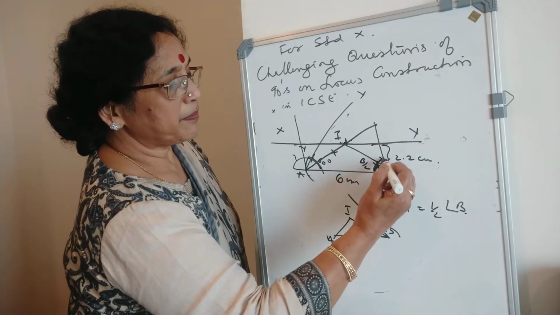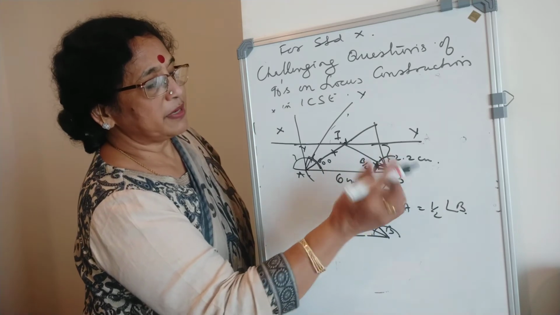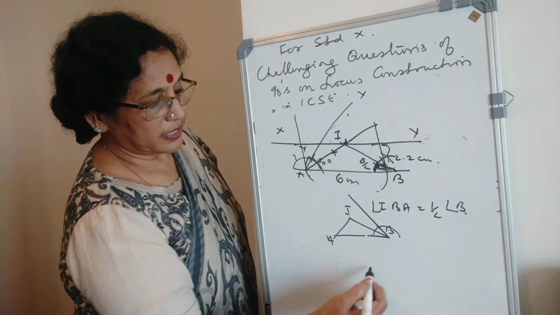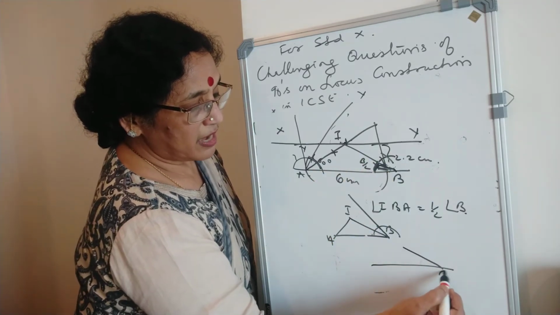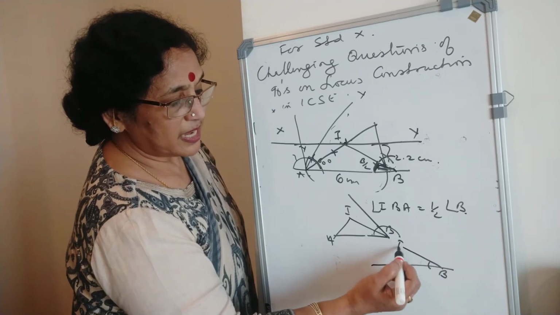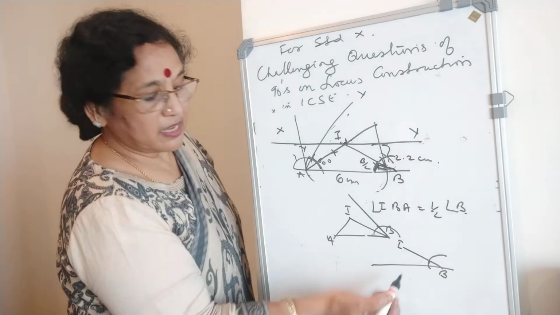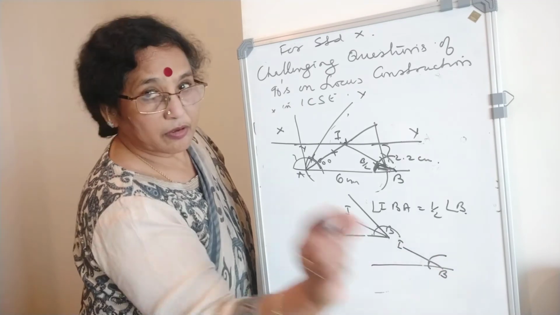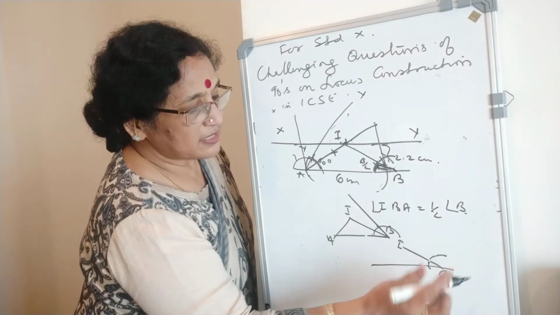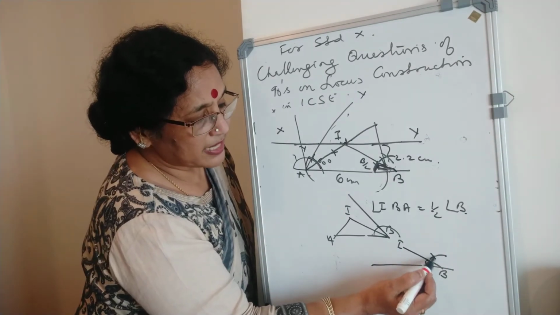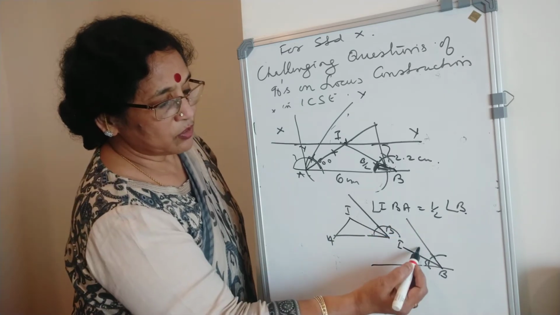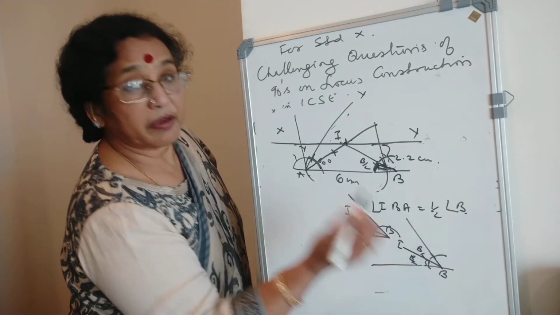Make a big arc, measure this gap with the compass, and from here you cut it. This is B by 2. This is I. Just extend this arc, measure this gap with a compass and cut this. Whatever this angle is, you copy this angle. So this also is B by 2, this is also B by 2.